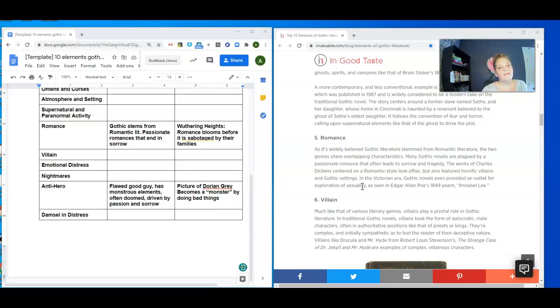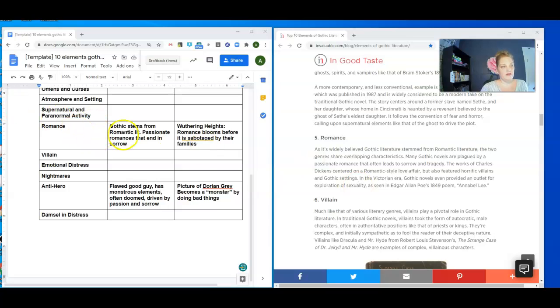So Gothic romance does not have a happily ever after. Everybody doesn't end up in love and together and happy ever after. It ends up badly for them. It ends in sorrow and tragedy and not a happy ending. So it's kind of a twist on the earlier romantic where things ended up great. In Gothic literature, you're pretty much doomed.